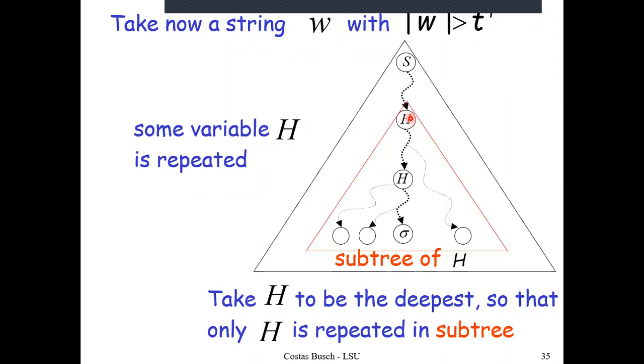Okay, but deepest in the sense that, what do I mean by deepest? If you look at the derivation tree or the derivation structure of a string, you always start from the start variable.